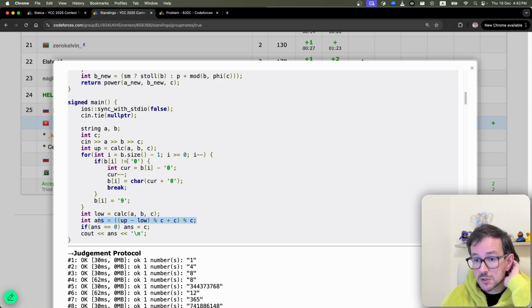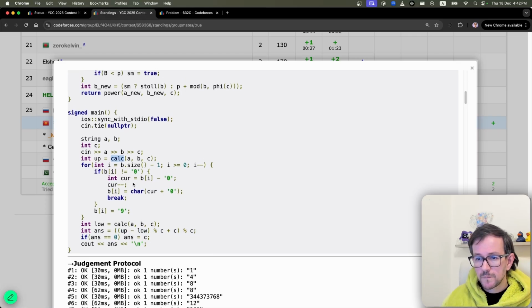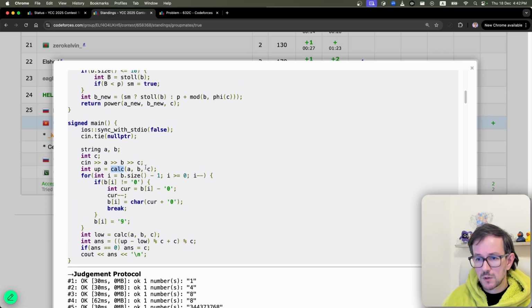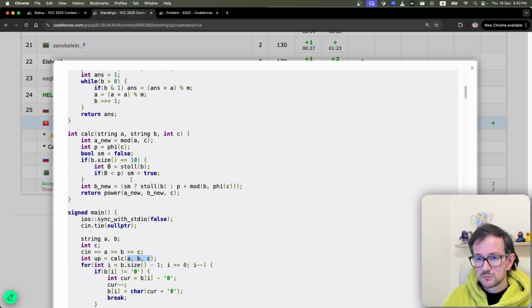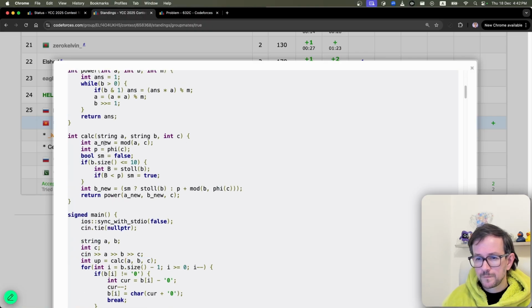Makes sense. So that's b power n. Okay, so it's 2 strings and a number. These numbers, just take modulo c. You calculate phi of c. This looks like cheating.